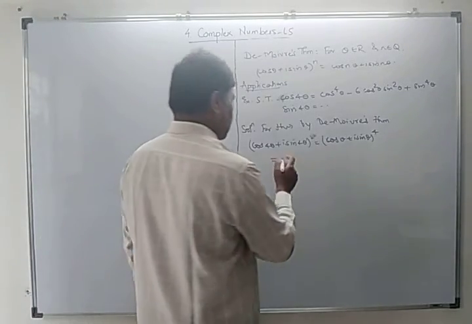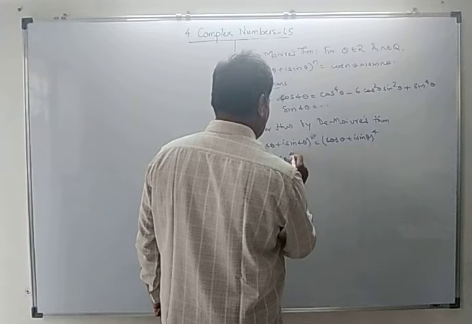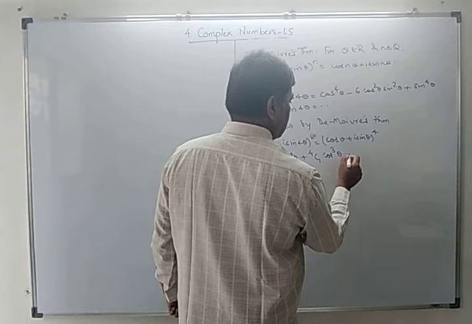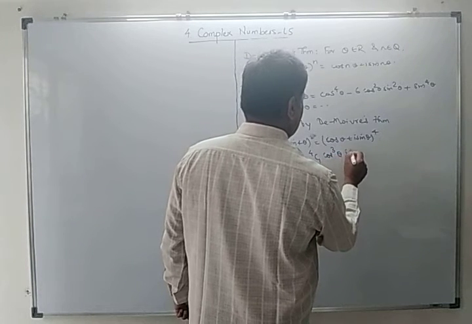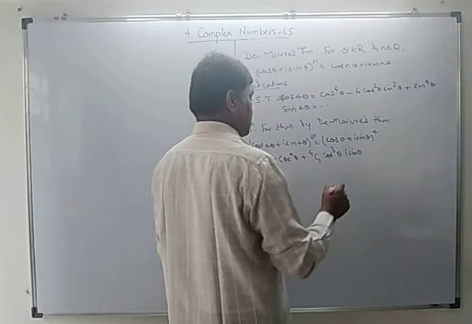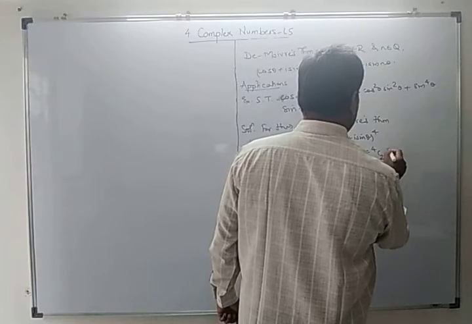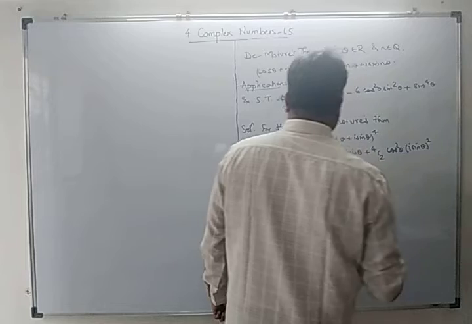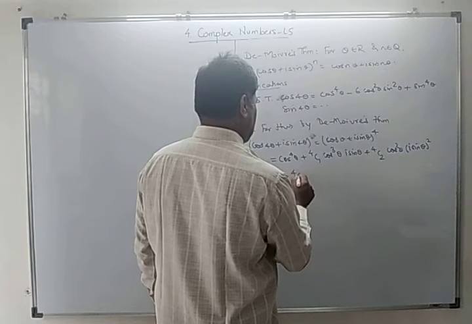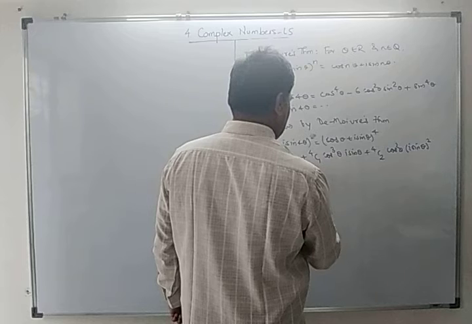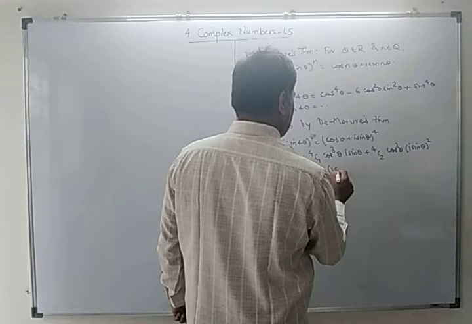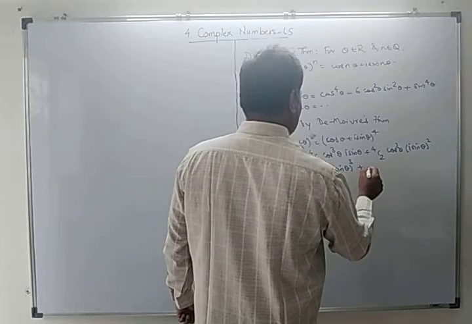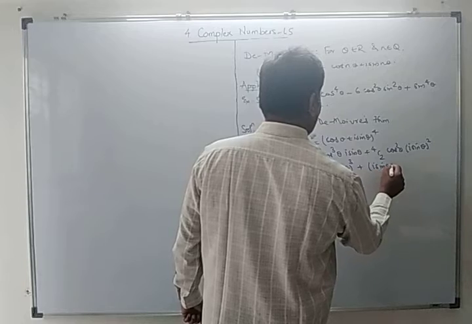So we will get cos raised to 4 theta plus 4C1 into cos cube theta into i sin theta plus 4C2 into cos square theta into (i sin theta) square plus 4C3 into cos theta into (i sin theta) raised to cube plus 4C4, which is 1, that is (i sin theta) raised to 4.